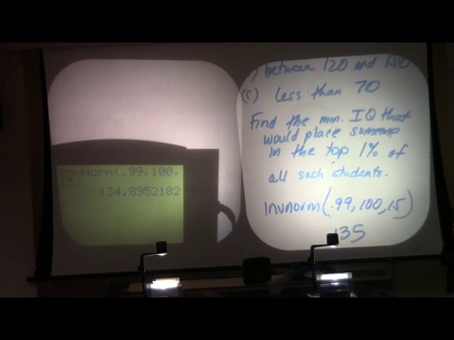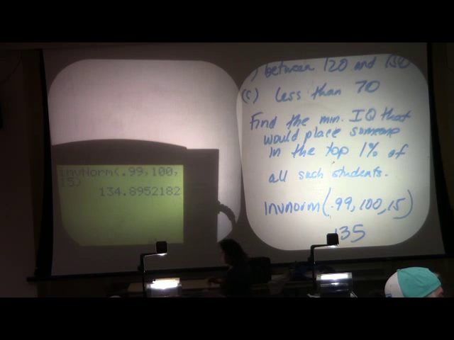So when do you use the inverse norm over the normal CDF? You use the normal CDF when you want to find the probability, because that's when you're finding the area under the curve. You use the inverse norm when you're given the area and want to find a number that corresponds to the particular problem you're working with. Does that make sense?